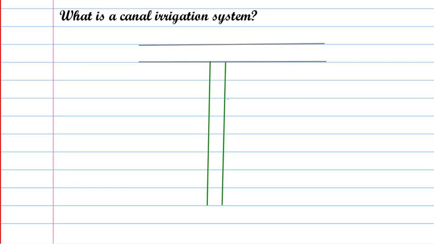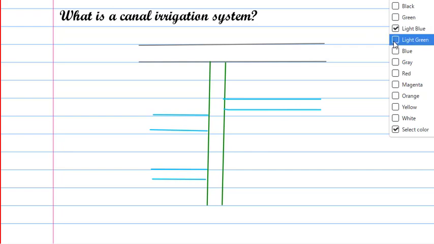After that, there can be some branches from this. Let's say this is a branch. Another branch is here. And then let's say there are a few more branches. And then from this branch we will take water through another canal system.